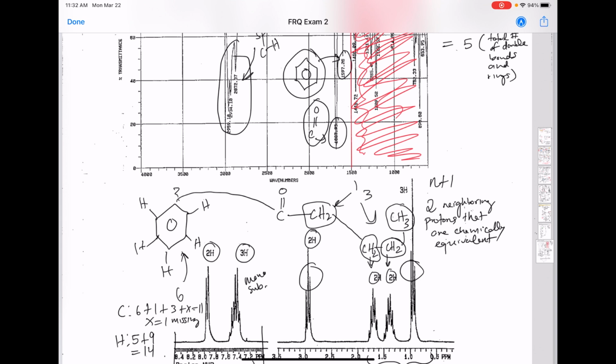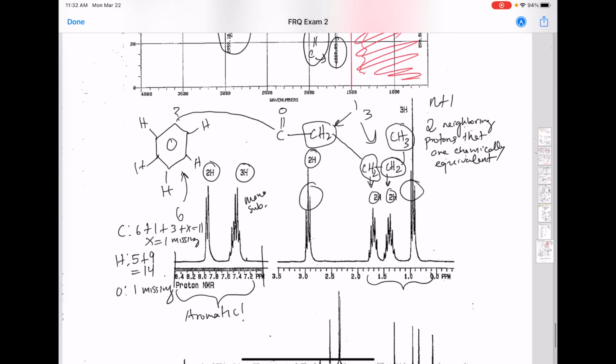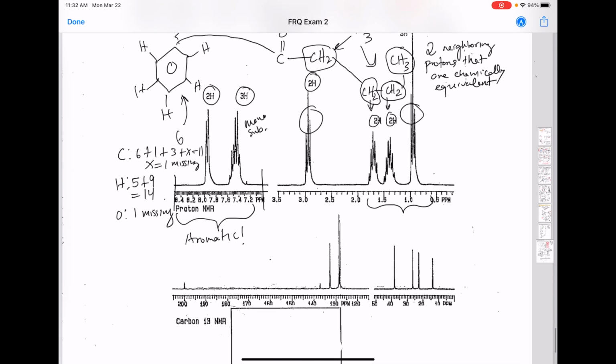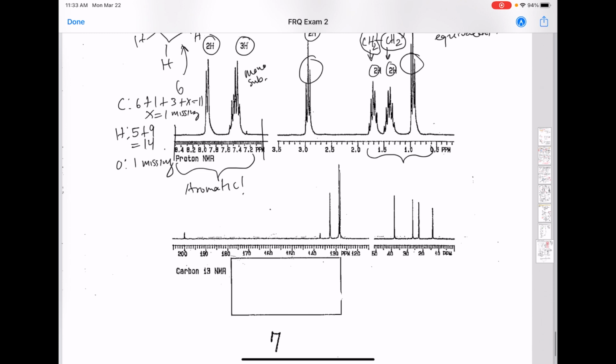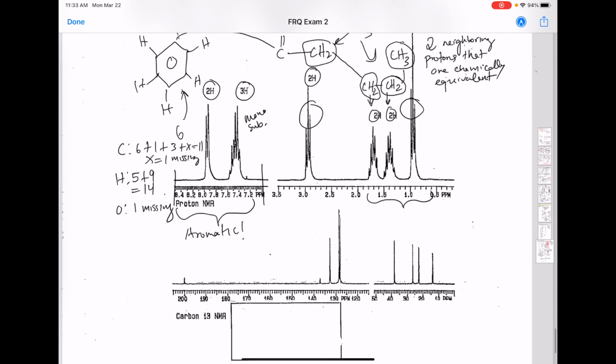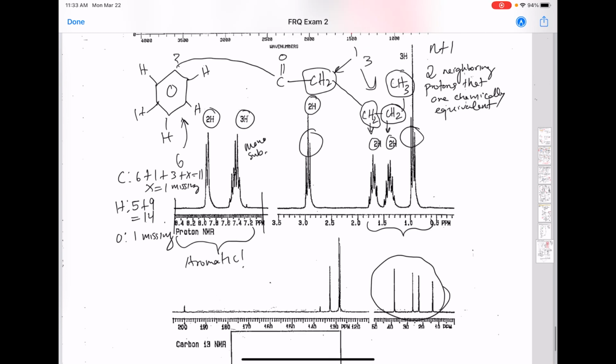So we've basically knitted together our entire structure, and it turns out we don't really need the carbon-13 NMR, but just to be sure, we can also go through that. In the carbon-13 NMR, from the range of 10 to 50 ppm, these peaks correspond to alkyl groups.